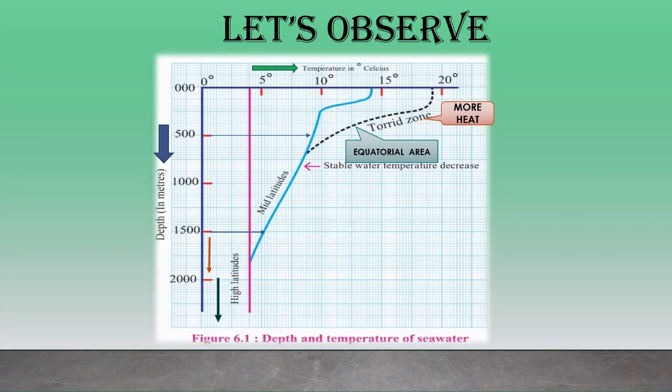Temperature reduces only up to 4 degrees Celsius according to depth, and therefore the water at a greater depth does not freeze. The temperature of the seawater changes rapidly with the depth at the equatorial areas. The difference in the temperature is lesser in the polar region. As we can see in the polar region, the temperature is at 0 degree Celsius.